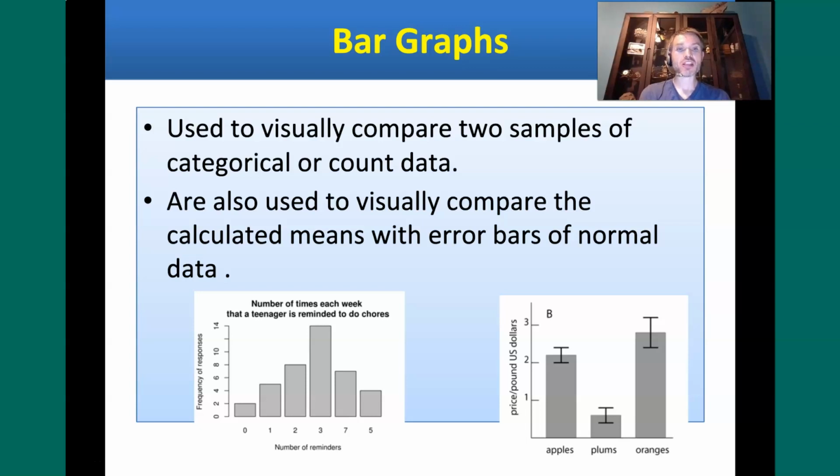And what that means from a statistical standpoint, even though it looks like the oranges have a higher price per pound than apples, on average, those error bars suggest that even though the average price is slightly different, by chance they're probably the same. And we'll talk more about that in class and give you some more examples of how error bars are used.